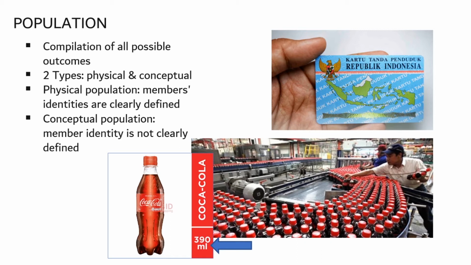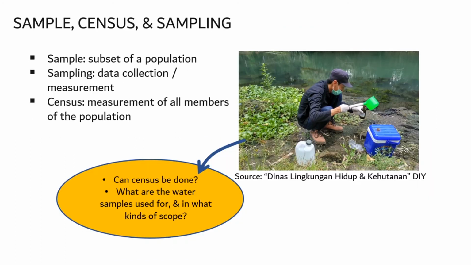If we have a measuring instrument that is sensitive enough, then we will get an infinite number of volume values. For example, 385 mL, 391 mL, 395 mL, 387 mL, and so on. Of course, as long as it is within the tolerance limit of the drink product.